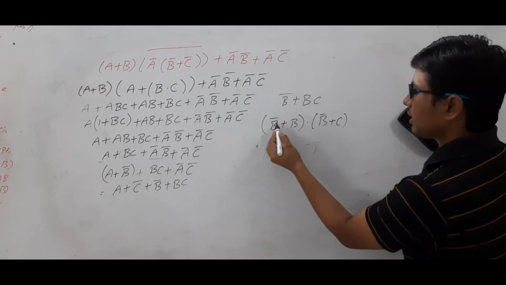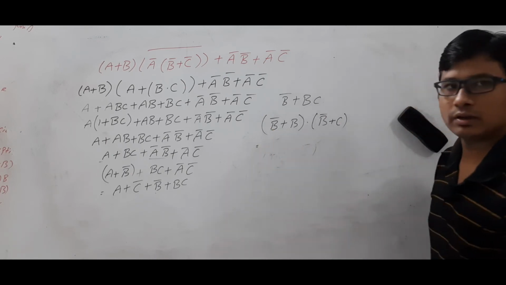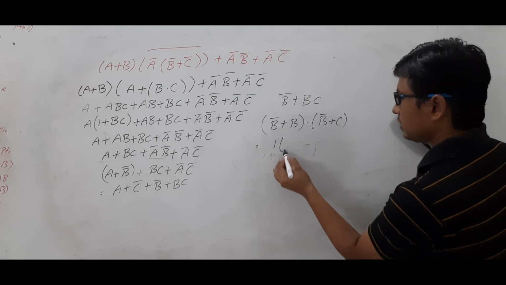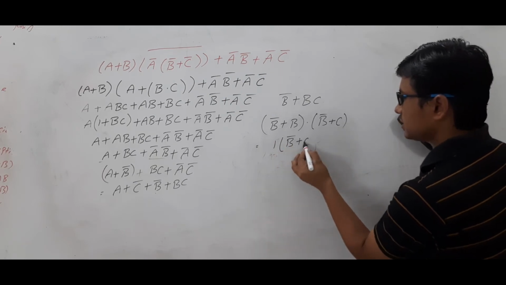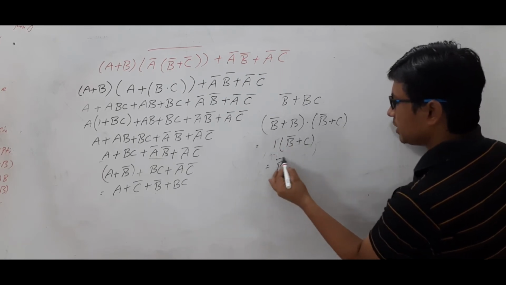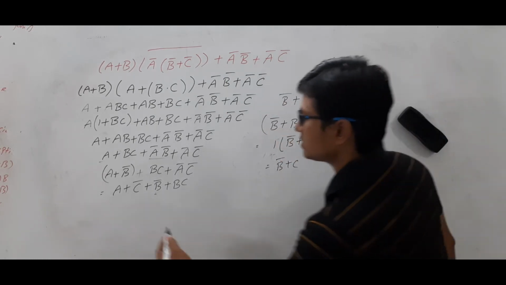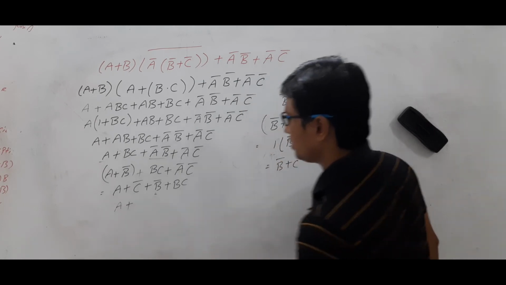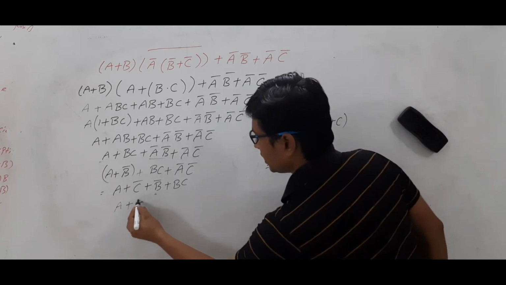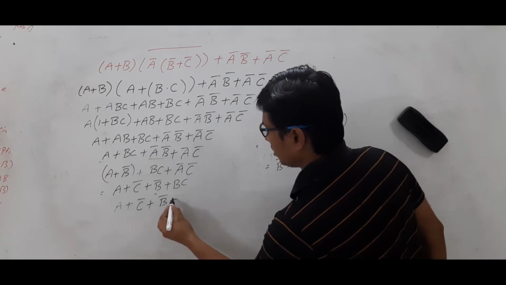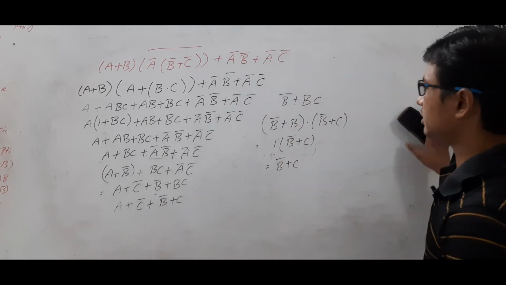So what I can do is this B complement or B will be equal to 1. Okay. Then this can be further reduced as B complement or C. So these two I can simplify it as A or C complement or B complement or C. Will you agree with me?